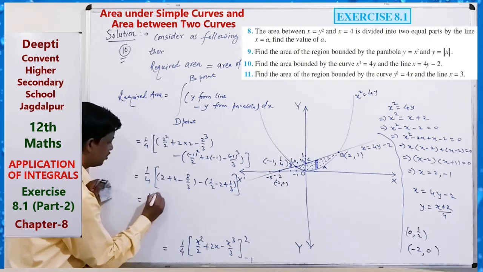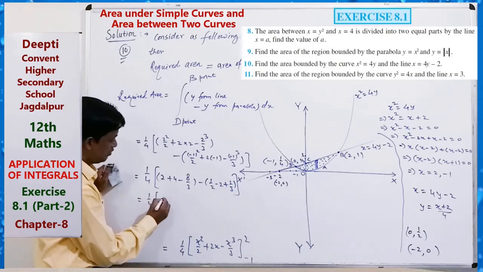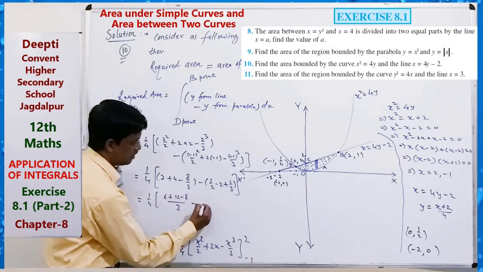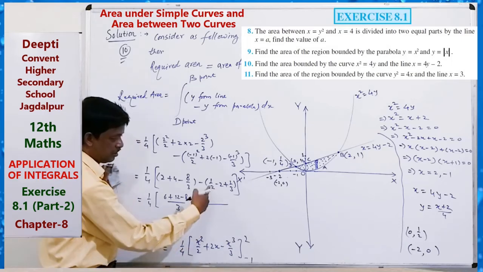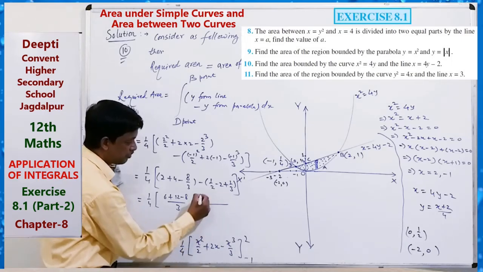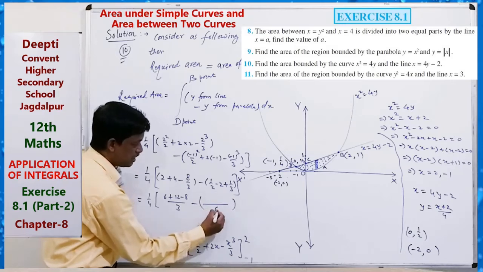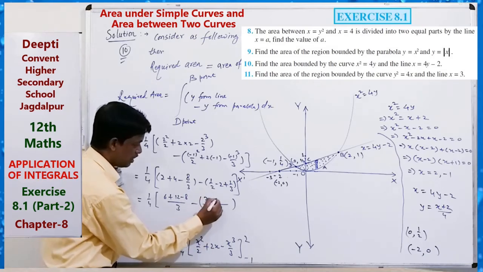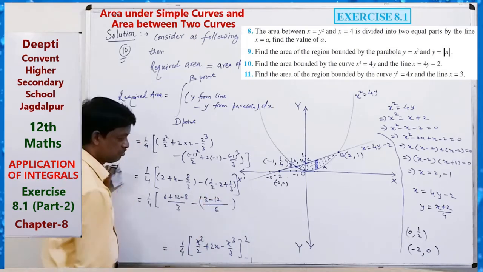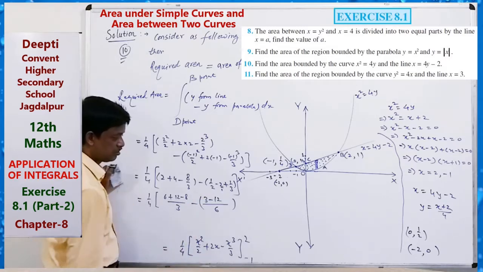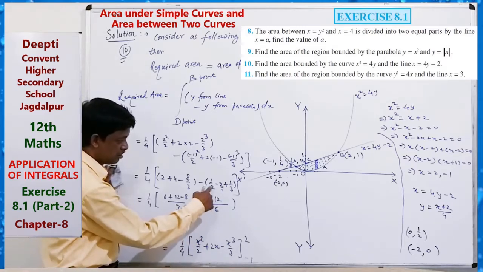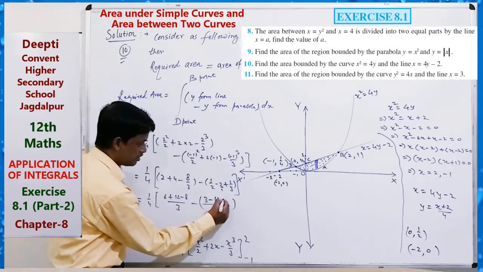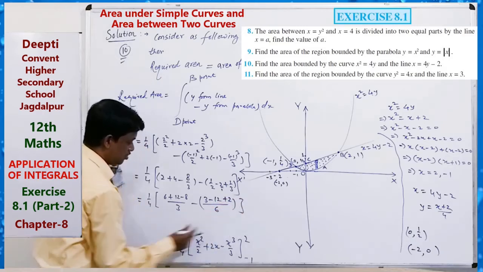Now 1 by 4 times: 2 plus 4 is 6, plus 12 minus 8 upon 3, minus the half minus... we take LCM 6: 3 minus 12 plus 2.